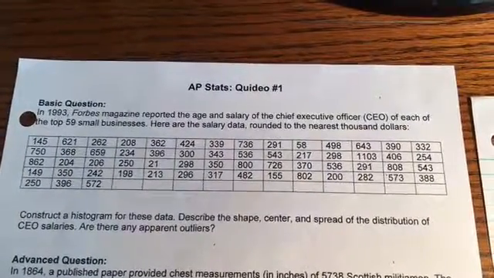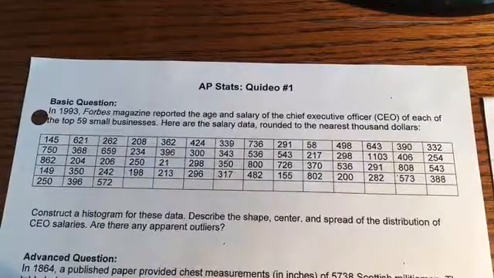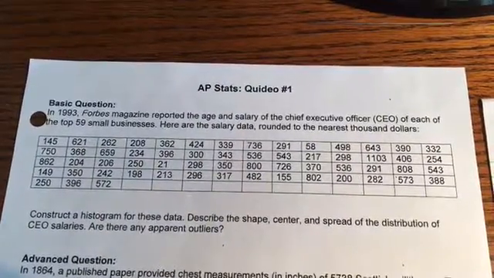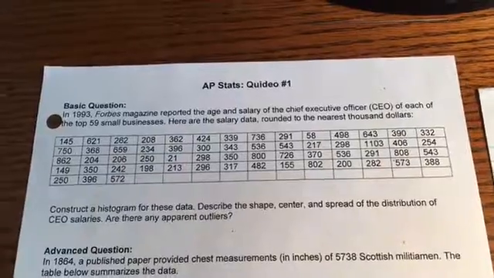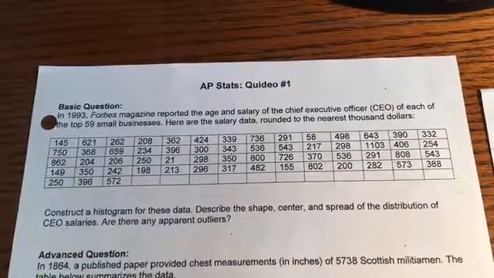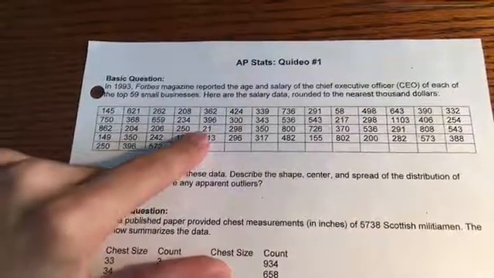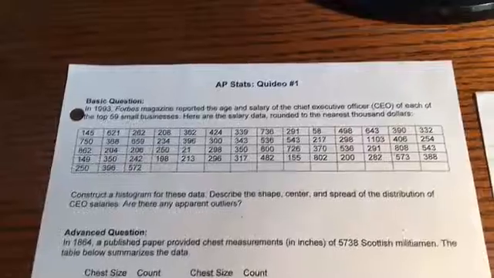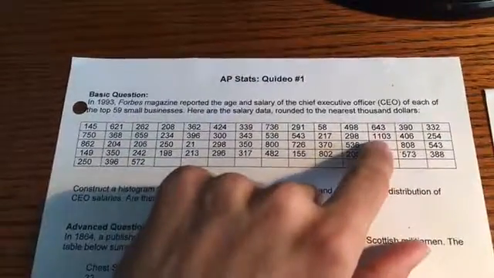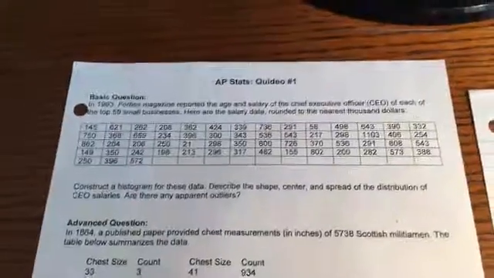The first thing that you should do when constructing a histogram is to decide what size intervals you will be using. To do that, first you have to get an idea of the range. We can see here our smallest number is 21, that being $21,000, and our largest appears to be 1,103.